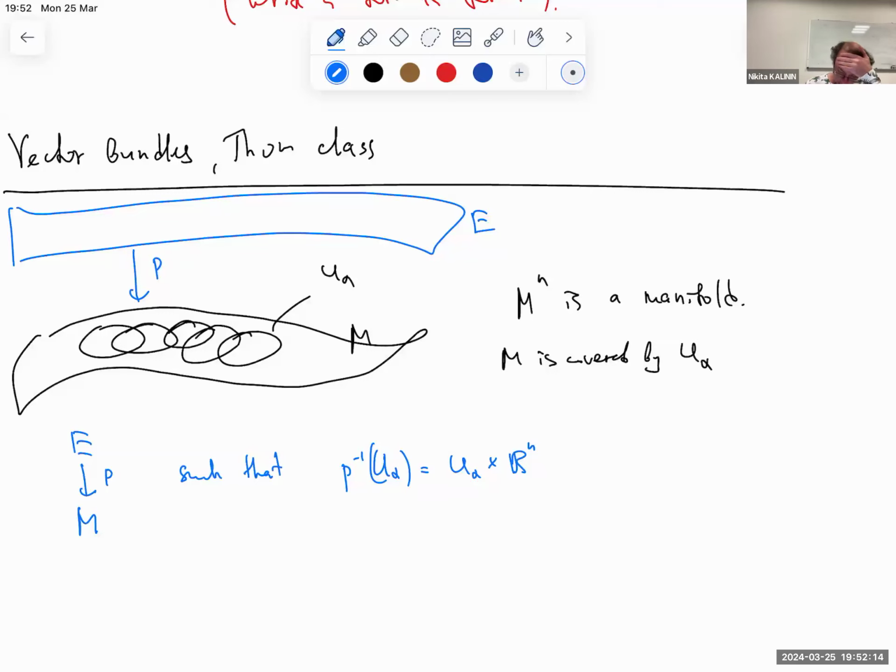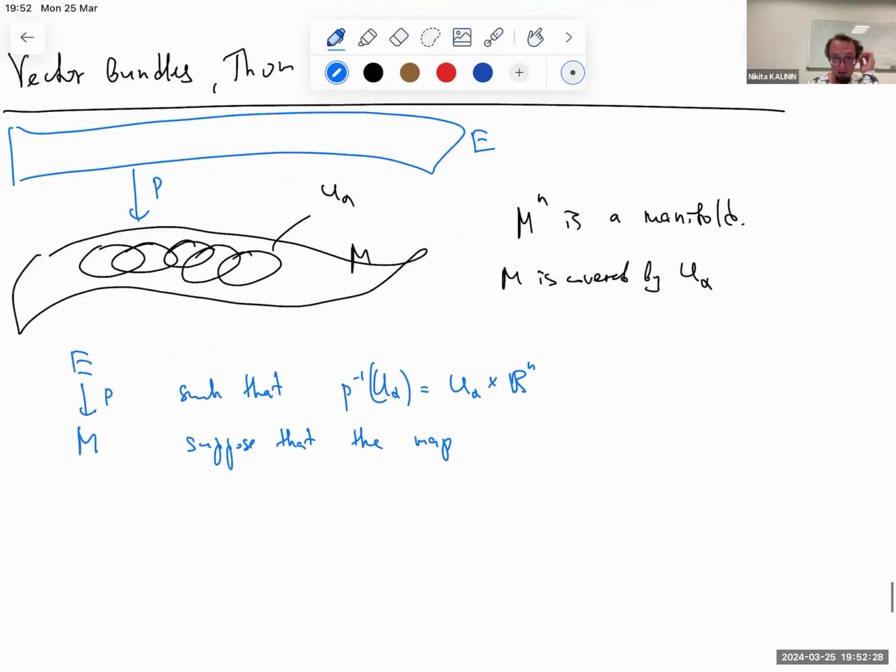And also suppose the following. If you have two charts U alpha and U beta, they have an intersection, U alpha intersect U beta.